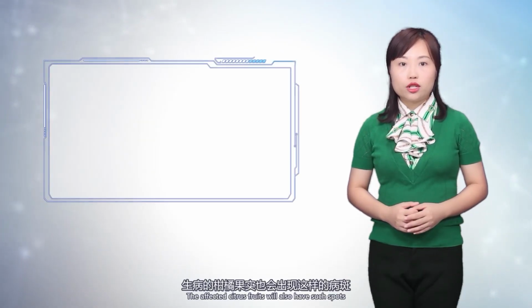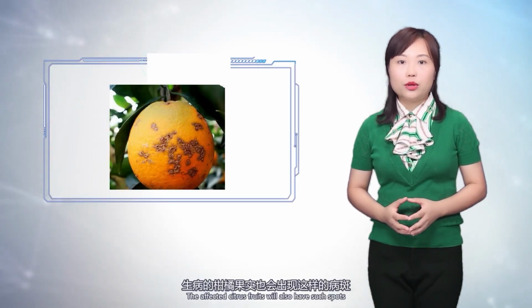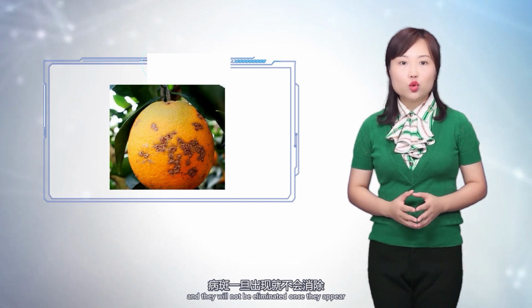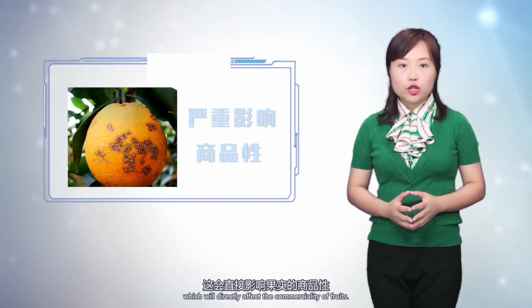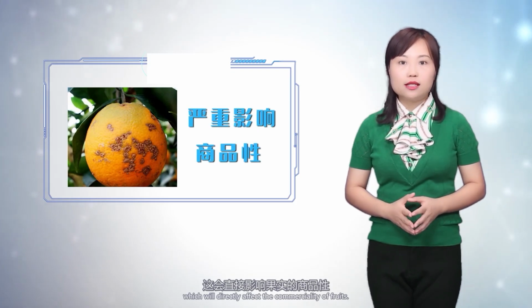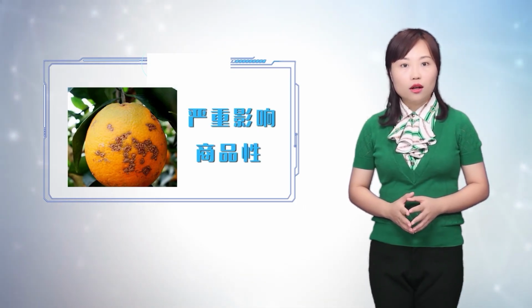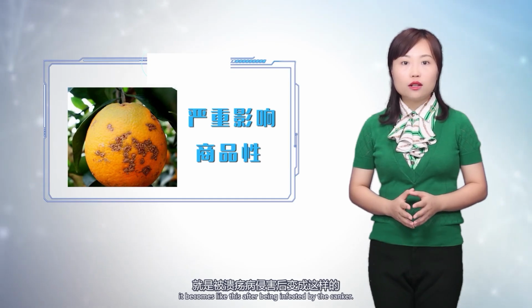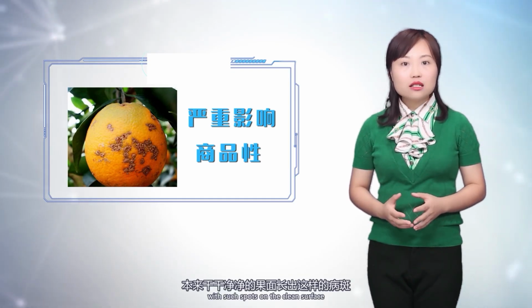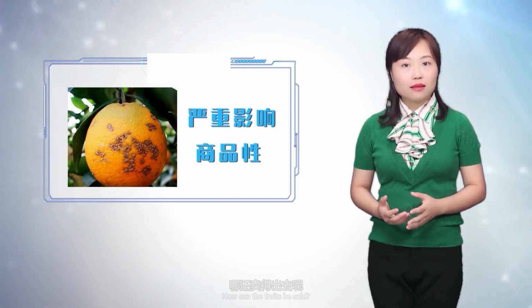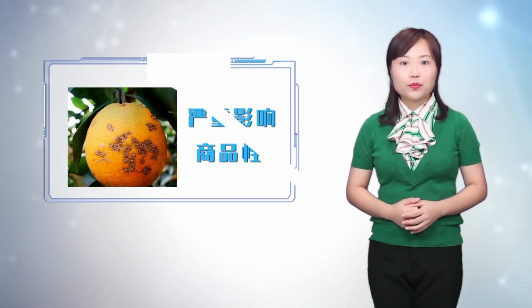The affected citrus fruits will also have such spots, and they will not be eliminated once they appear and will always exist, which will directly affect the commerciality of fruits. Look at this fruit. It becomes like this after being infected by the canker. With such spots on the clean surface, how can the fruits be sold?